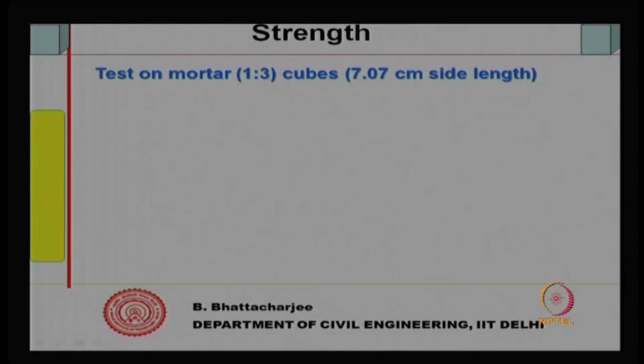The strength test of cement is not done directly, because cement is never used as neat cement, and this test is a means for comparing two cements. You are trying to compare the strength potential of two cements, not really anything to do with the strength of hydrated cement paste.